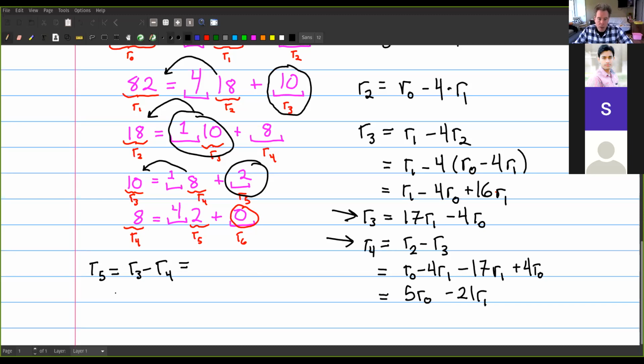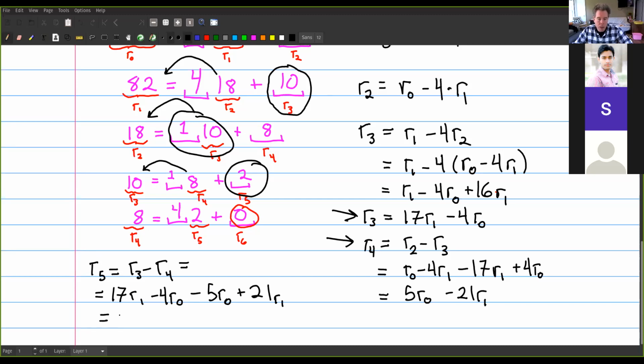So this is the same thing as, I'm probably going to need another line, so I'll just write it down here. R3 is 17 R1 minus 4 R0. And now I'm taking away 5 R0 plus 21 R1.